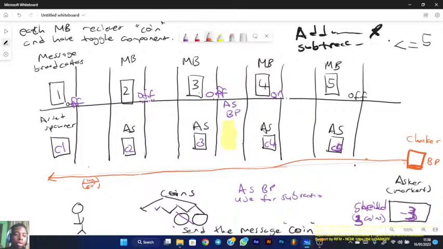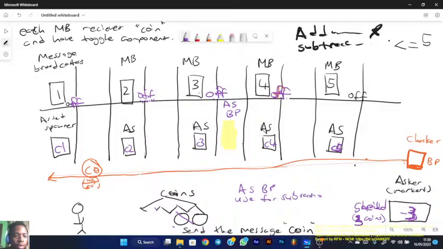But with this C0 coin here, when the checker moves, the only coin that it comes in contact with is C0. So the checker would know that there are 0 coins left.